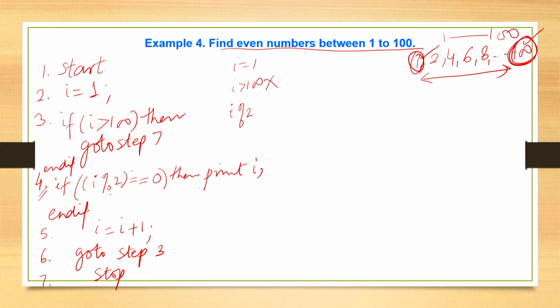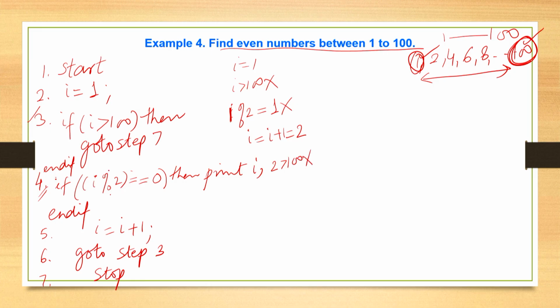So I modulo 2, here I is equal to 1. Is 1 modulo 2 equal to 0? No. So you have to increment the value of I by 1. So I is equal to I plus 1, that becomes 2. Then again it says go to step 3. So here I have to go here again. Again I have to check whether 2 is greater than 100.